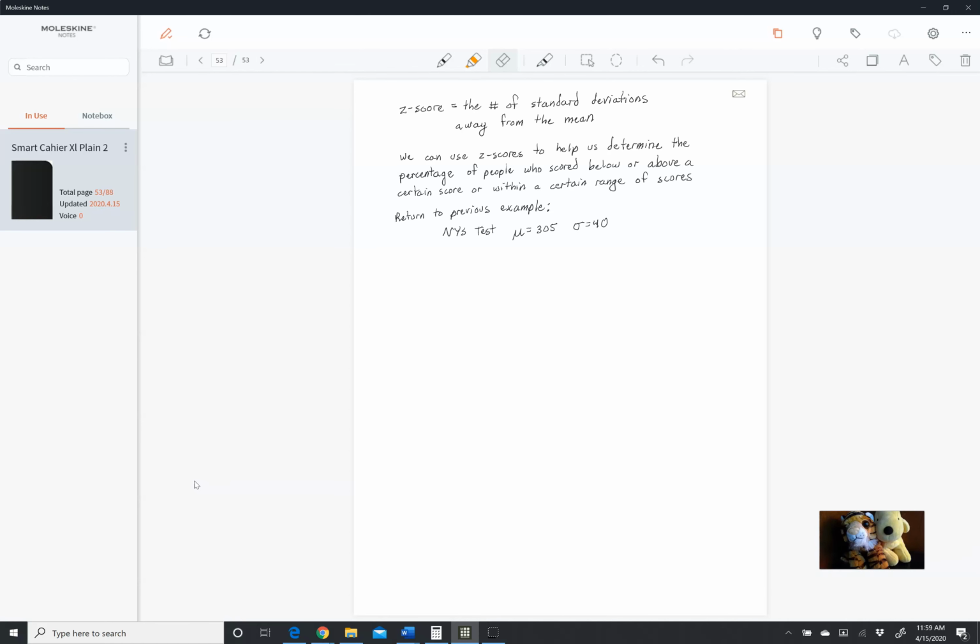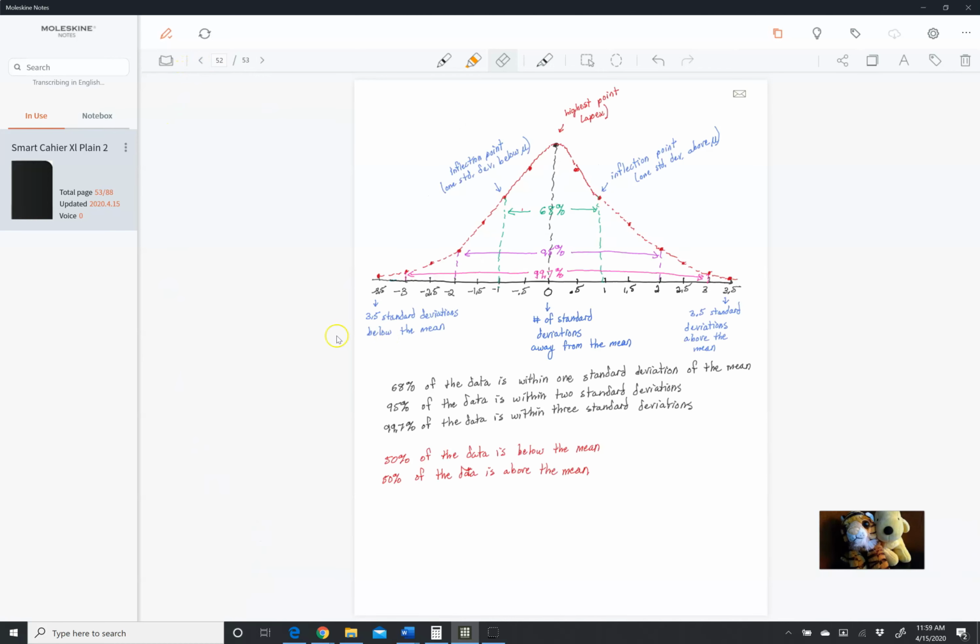Okay, so we could ask ourselves, what percentage of people scored below 300? Well, the thing is that a normal curve is the same for everything.